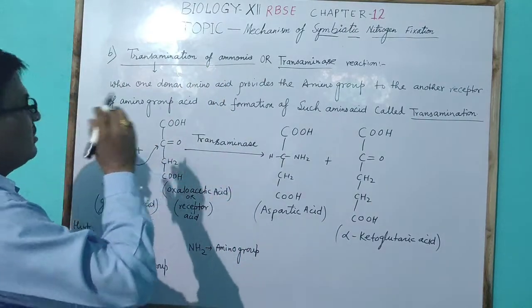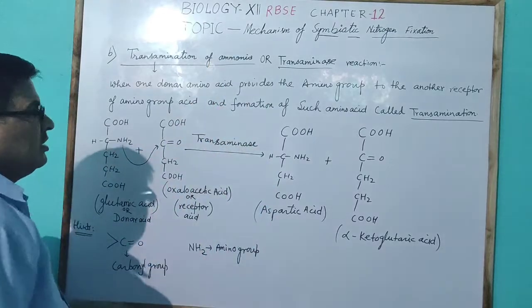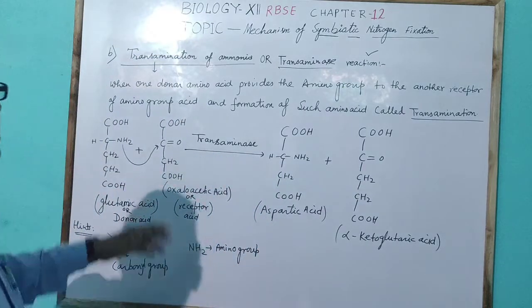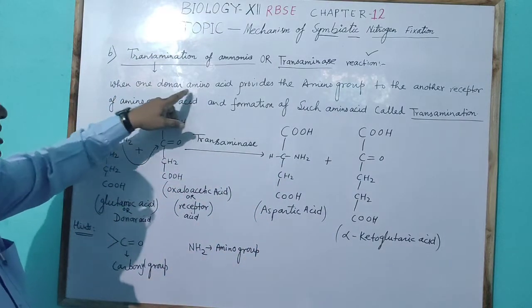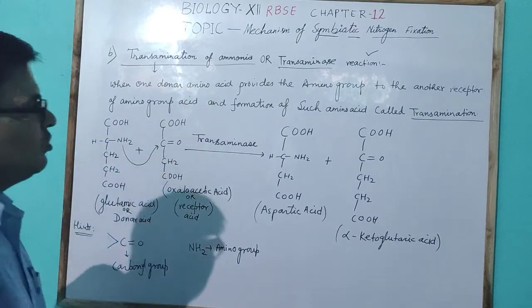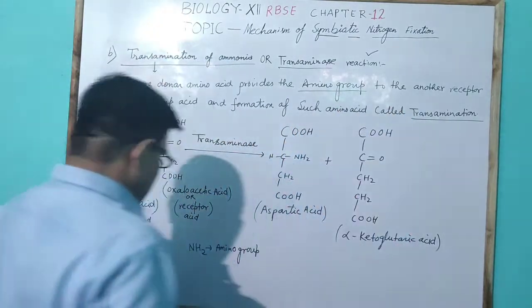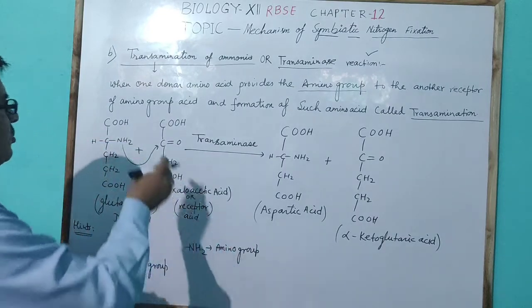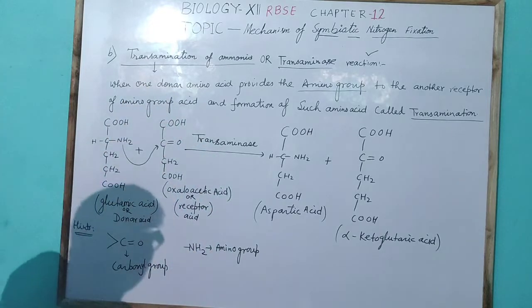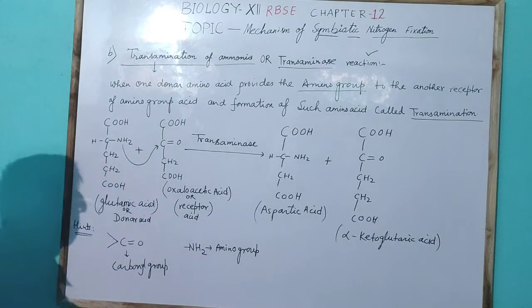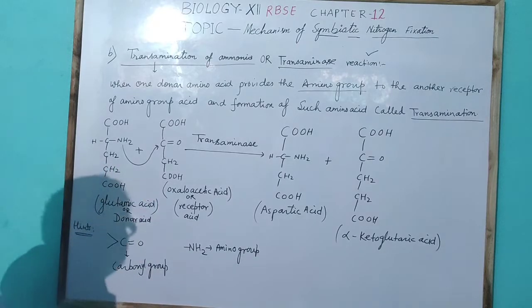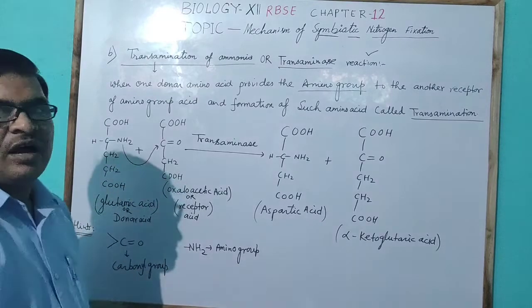Generally, in transamination, one donor amino acid provides the amino group, represented by NH2, to the receptor, and the formation of amino acid is called transamination. So these are the two steps of the assimilation of ammonia.